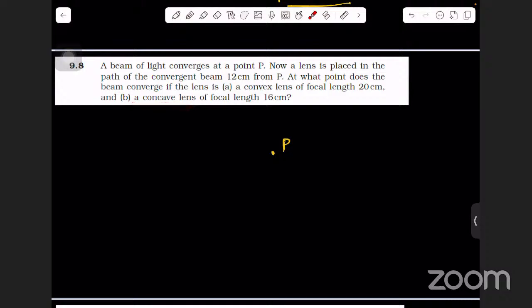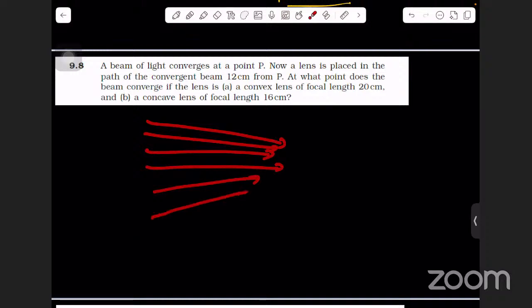We have two kinds of lenses. We keep both of them, and it asks at what distance or at what point will be the new converging point of the beam. So let's first understand: the beams are actually converging and forming an image at that point. Initially, at that point P, all the beams are converging.